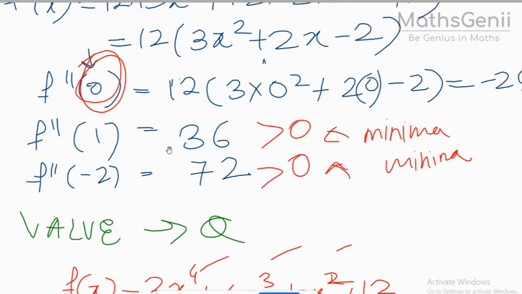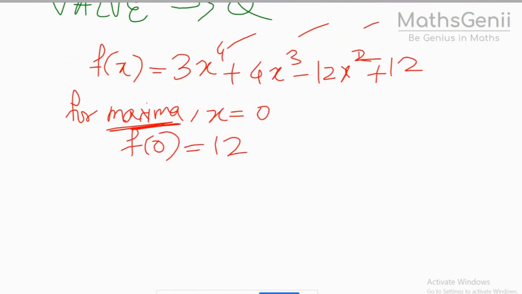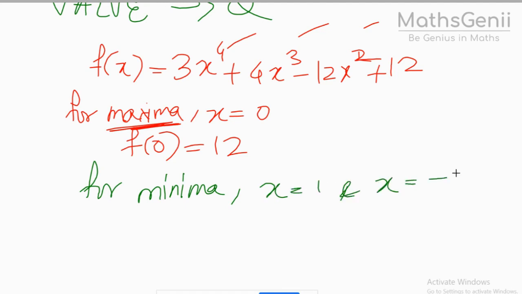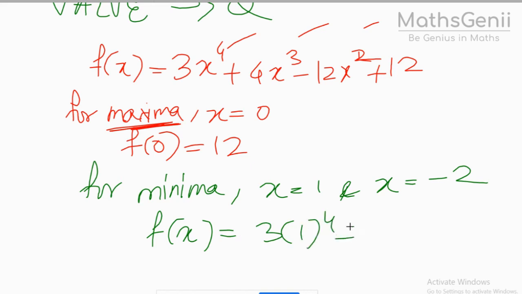And for the other 2 points, you got minima. So for minima, you have 2 points, which is x is equal to 1 and x is equal to -2. So for the values, I'll have to put x as 1 in this equation. Correct?